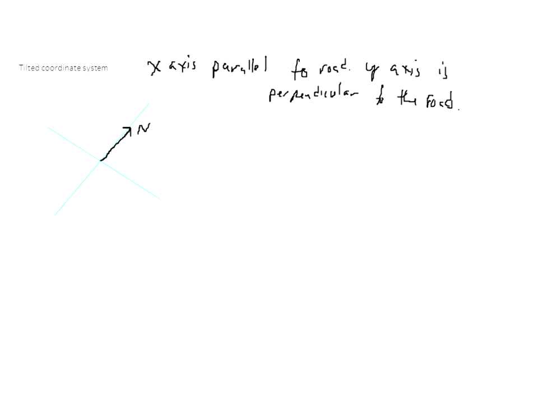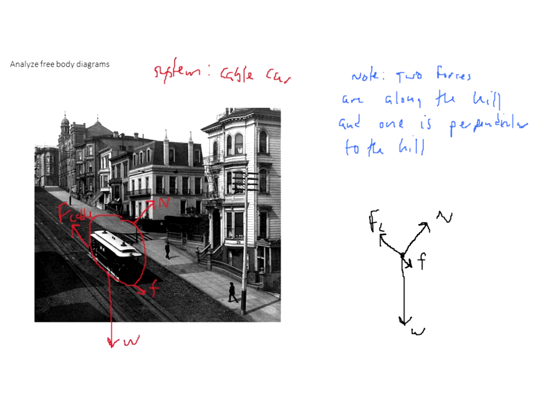So N is perpendicular to the road. The force of the cable is parallel to the road. Frictional force is that way. And I didn't say this before, but we're assuming that the cable car is getting pulled up the hill.